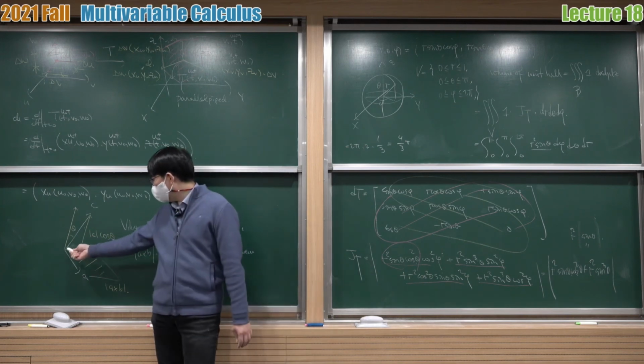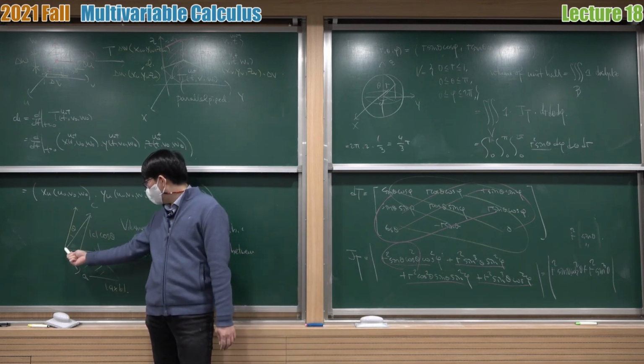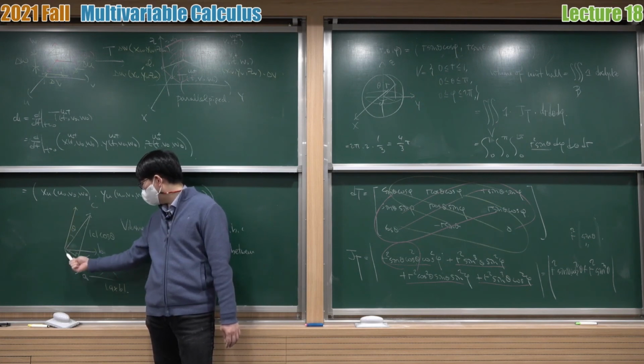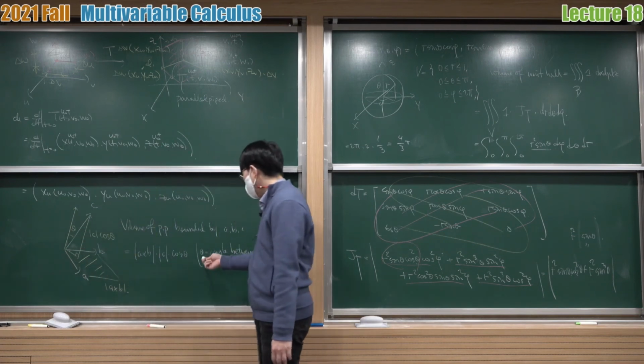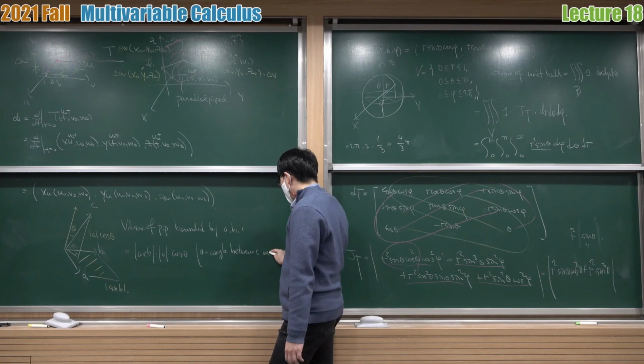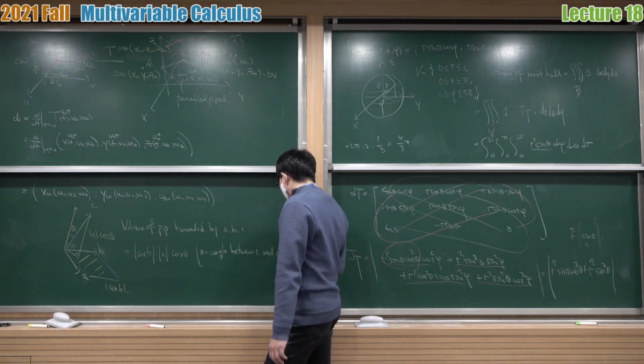So I made a picture like this one, but what kind of vector is this? This vector should be perpendicular to A and B at the same time. So that's the A cross B, right? So I can say theta is the angle between C and A cross B.